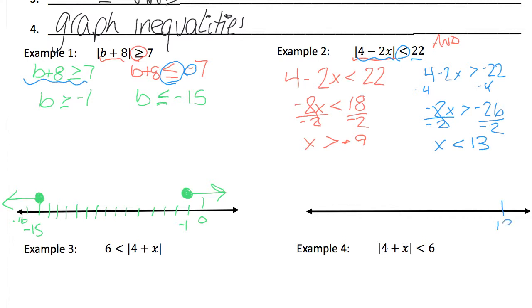Okay, so now we have a positive 13 up here, a negative 9 over here, a 0. Our negative 9 is an open circle going to the right, and our 13 is an open circle going to the left. So they're going to meet right there in the middle. And we know that because that's an and, so they should be going in towards each other.